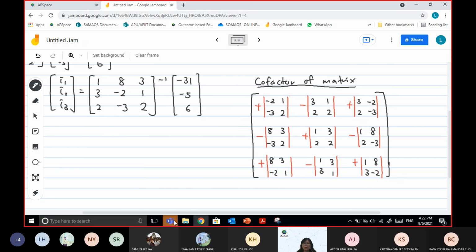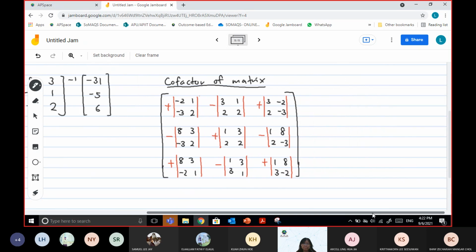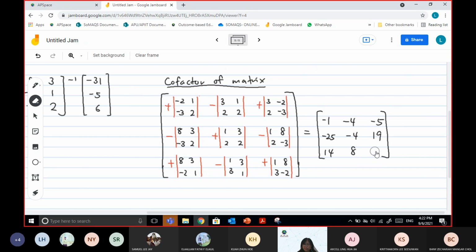Okay, check your answer. The answer should be negative 1, negative 4, negative 5, negative 25, negative 4, 19, and 14, 8, and negative 26.